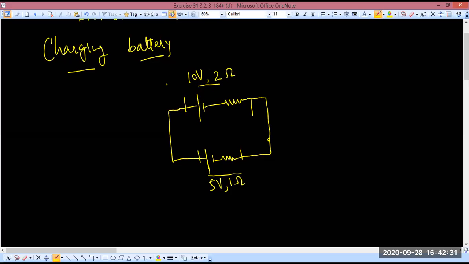If you have a look at how the cells are connected, you'll realize that battery 1 will try to make current flow in an anti-clockwise manner in this circuit. Is that okay?